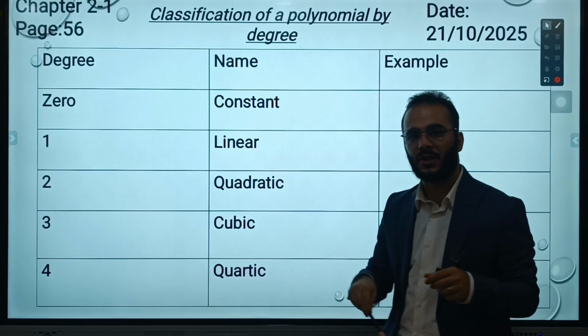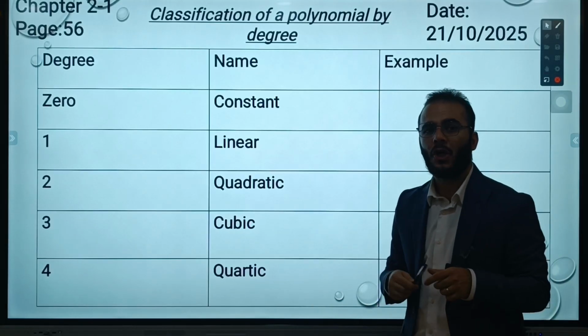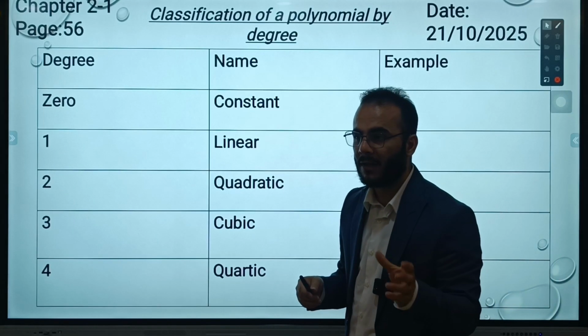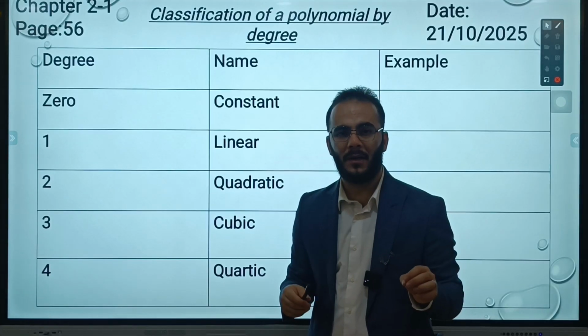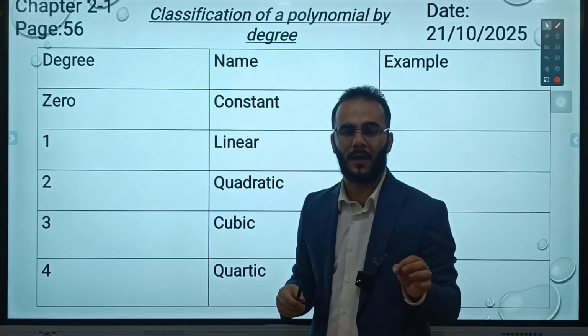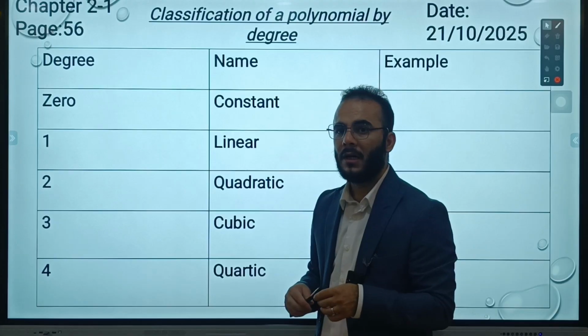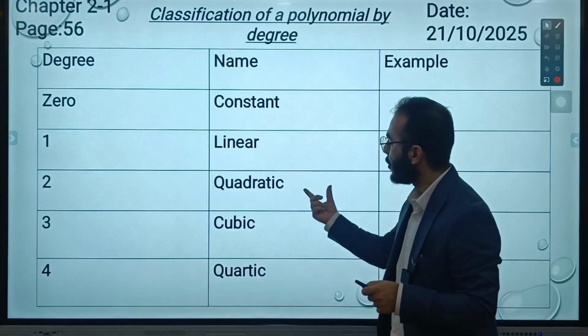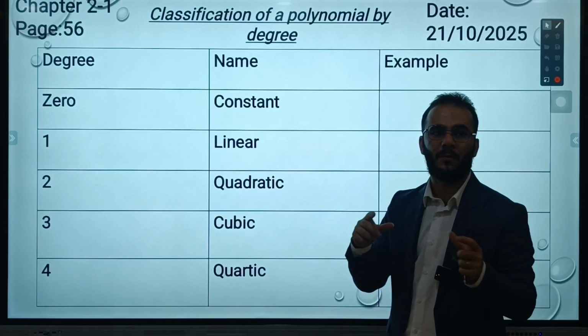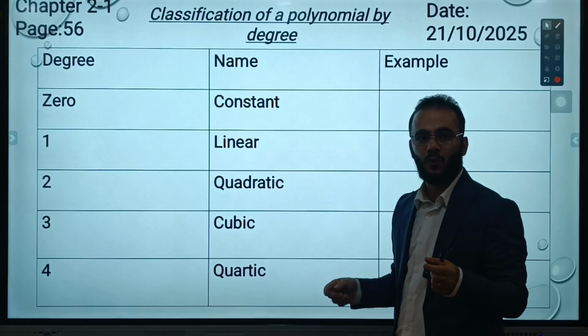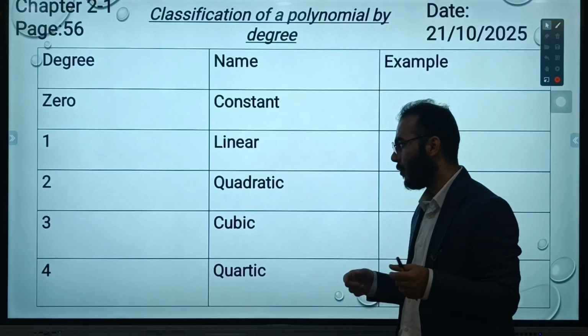Quadratic function, you will study it here, and I'm pretty sure you studied a part of it in grade 9, a very short introduction to the quadratic function. Their degree is 2. Whenever the degree of a polynomial is 2, it's called a quadratic expression or quadratic function.